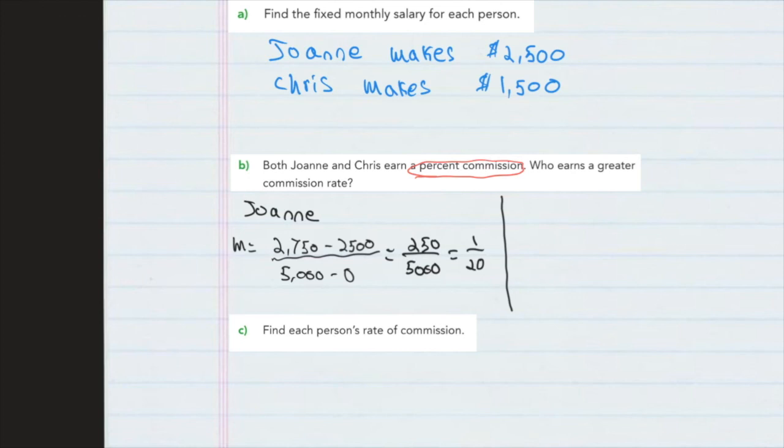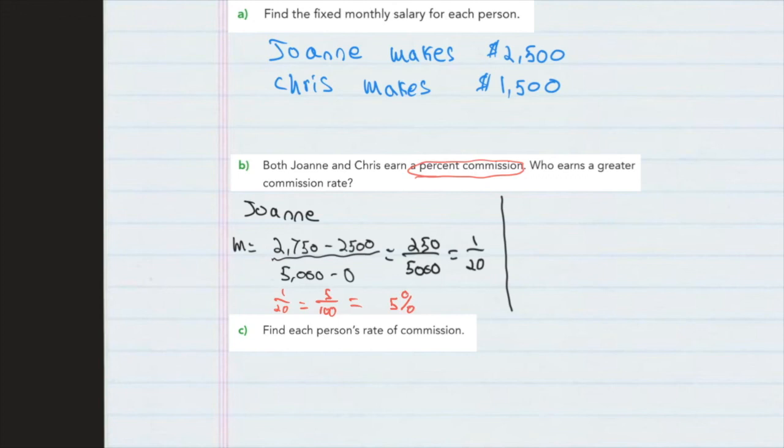Okay, so 1/20th as a percent is going to be 5%. The way you can tell is it's 1 over 20, okay, which equals 5 over 100. Since percent is over 100, that's 5%.